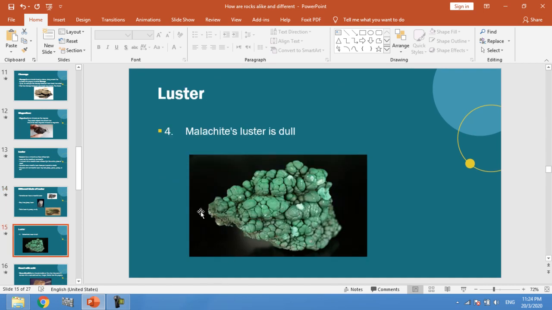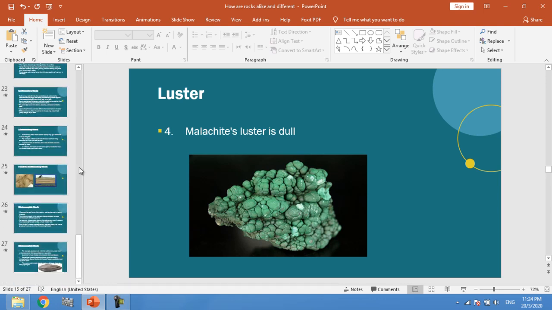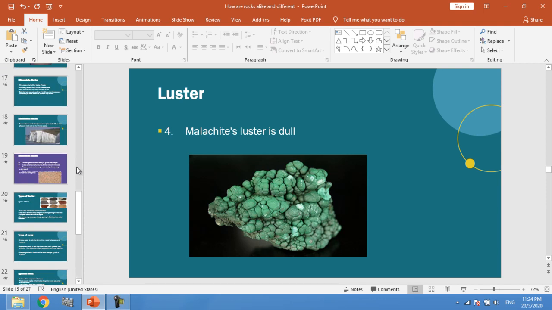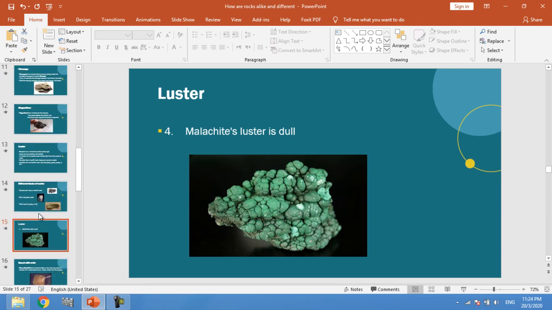And this is dull. Dull means it has no light reflection. It may be powdery in touch, but it has no light reflection.